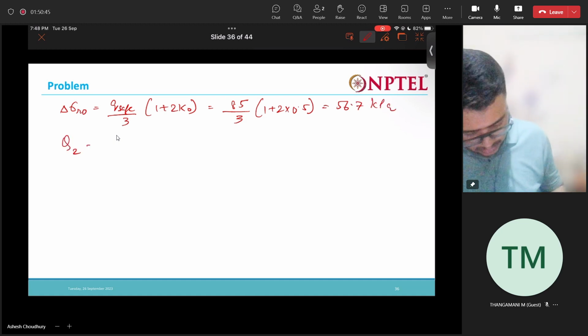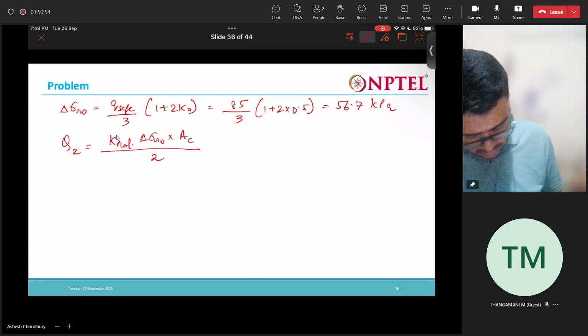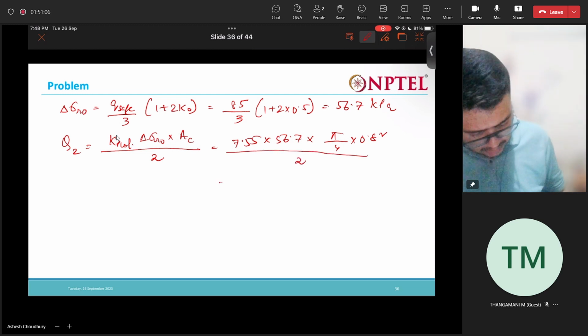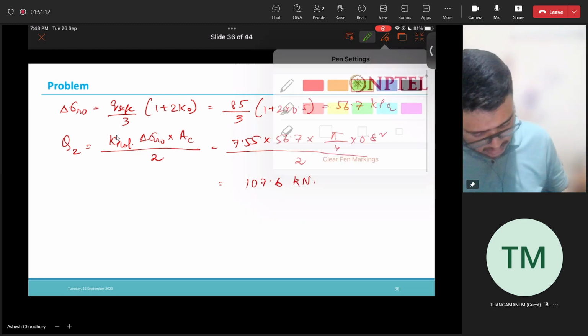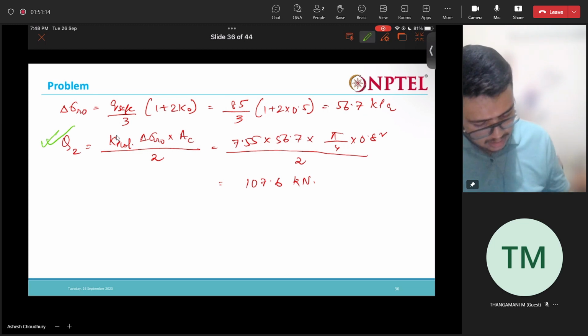Therefore Q2 equals Kp column, 7.55 times 56.7 times pi by 4 into 0.8 square by 2, which comes out as 107.6. This is Q2.